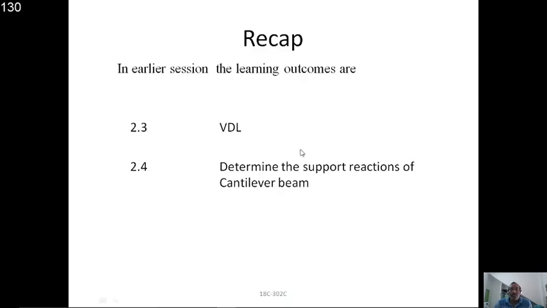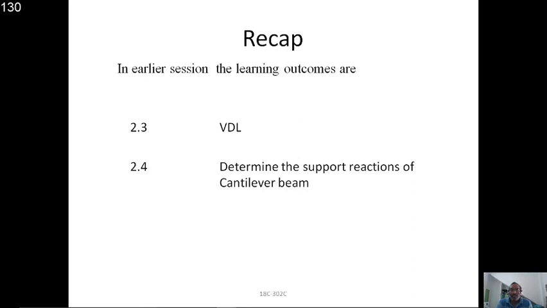We also learned about the varying distributed load, or non-uniformly distributed load, NUDL or VDL, and how the profile of the VDL looks.